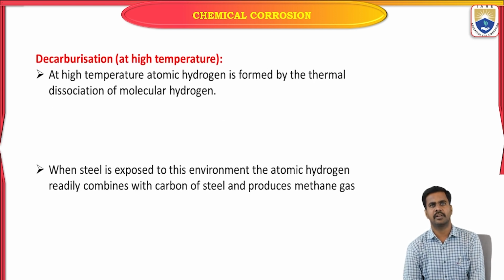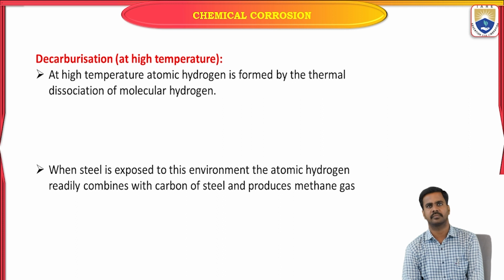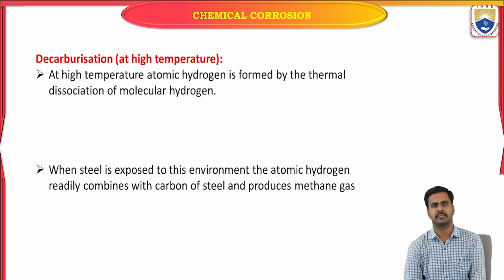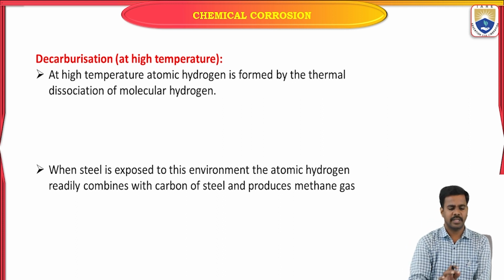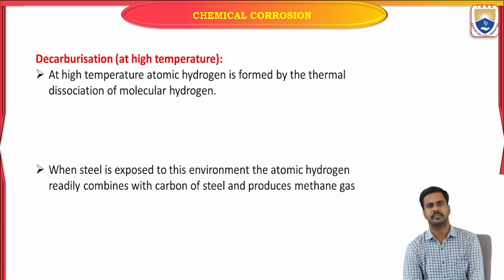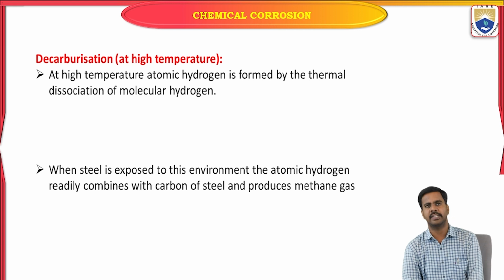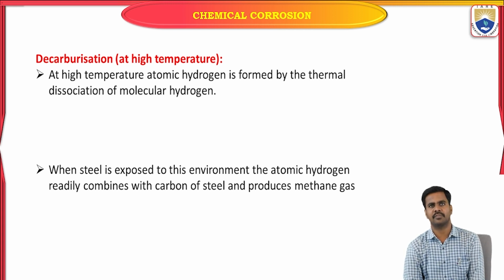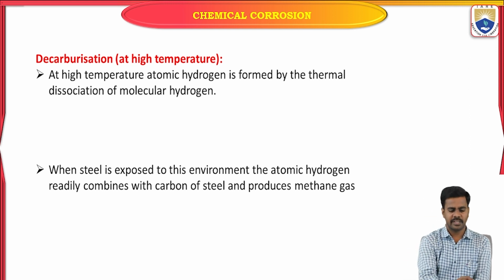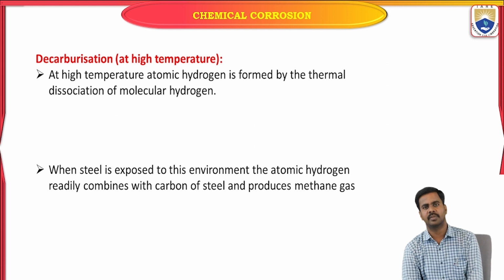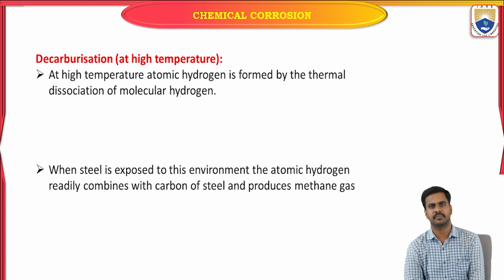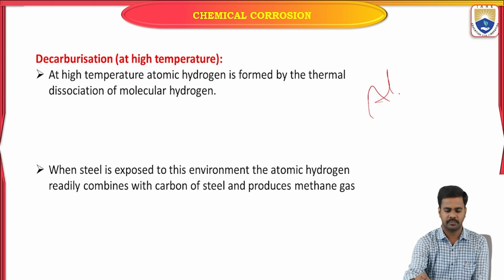Next one is decarbonization. It takes place at a high temperature. At high temperature, atomic hydrogen is formed by the thermal decomposition of molecular hydrogen. This type of destruction process is possible in the case of alloys.